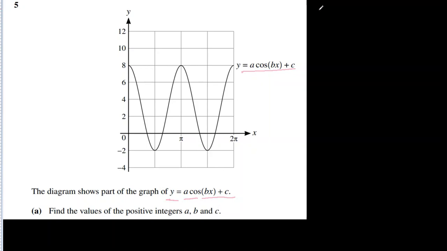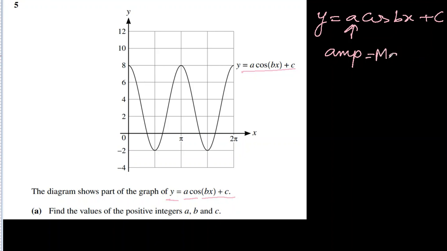So we should know that in y equal to a cos bx plus c, a is the amplitude. So let's find the amplitude of this. From the graph we can see what the amplitude is, but let's make it mathematical. For amplitude, we should write maximum, which is 8 here, minus minimum.